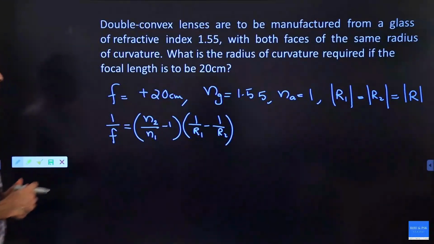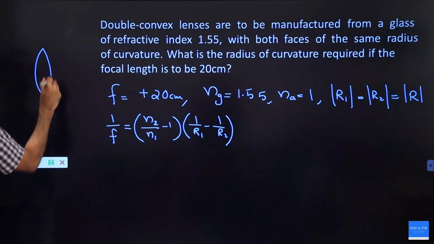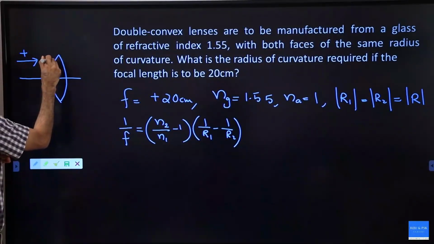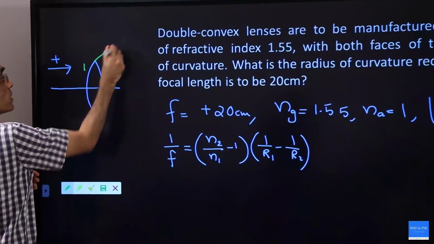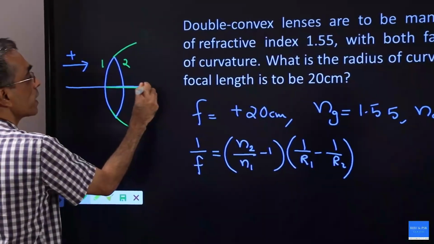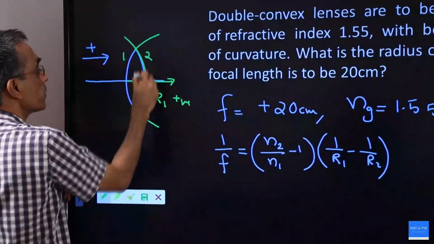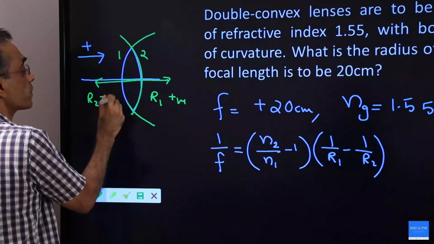But for a convex lens we should apply Cartesian sign convention. That means you have a lens like this. Suppose light is coming from this direction. This is the first surface, this is the second surface. The first surface has a radius in this direction, so r1 is positive, but the second surface has got a radius in this direction, r2 is negative.